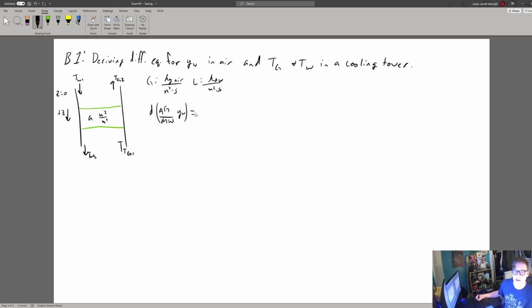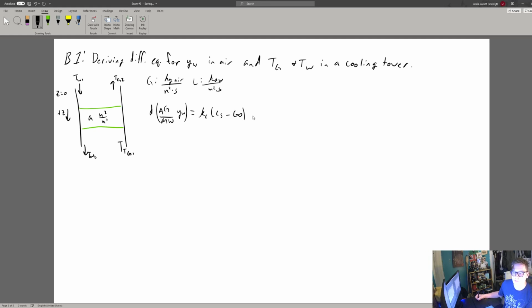That's going to be equal to the molar flux. We're going to be using that equation, so we have the mass transfer coefficient times the concentration at the interface minus the concentration in the atmosphere.